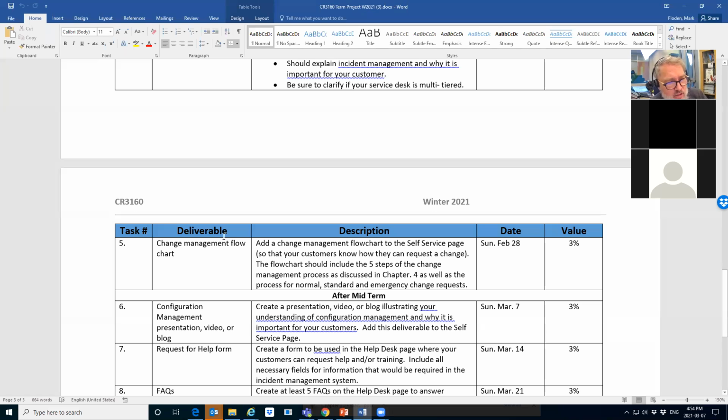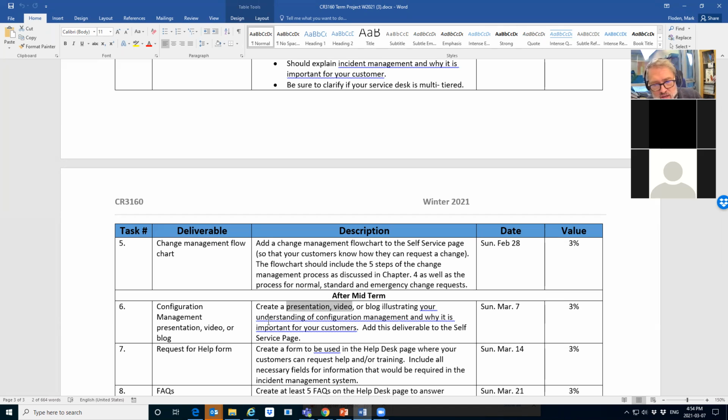Yeah, so just on what's due today, the presentation or video. You should include in there something about configuration items. You should include something about the configuration management database. So you might need to look that up.